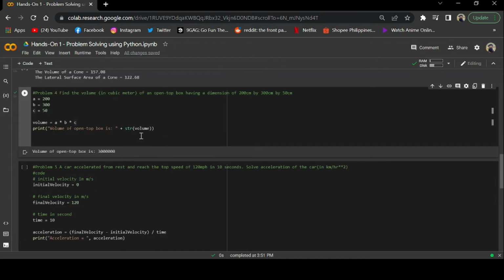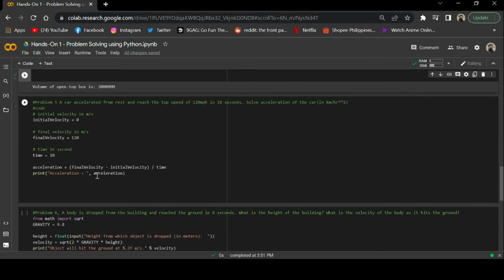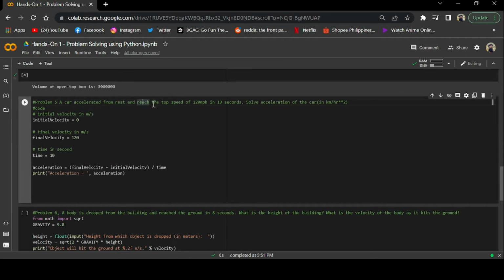So moving on to problem number 5: a car accelerated from rest and reached the top speed of 120 miles per hour in 10 seconds. Solve the acceleration of the car in kilometers per hour squared. So the given in this equation is the initial velocity from rest, which is equal to 0, and the final velocity, which equals 120 miles per hour.